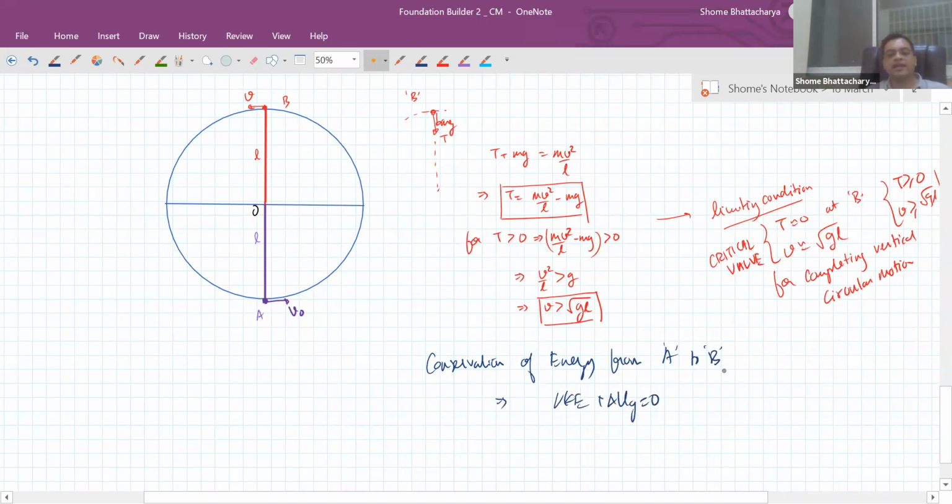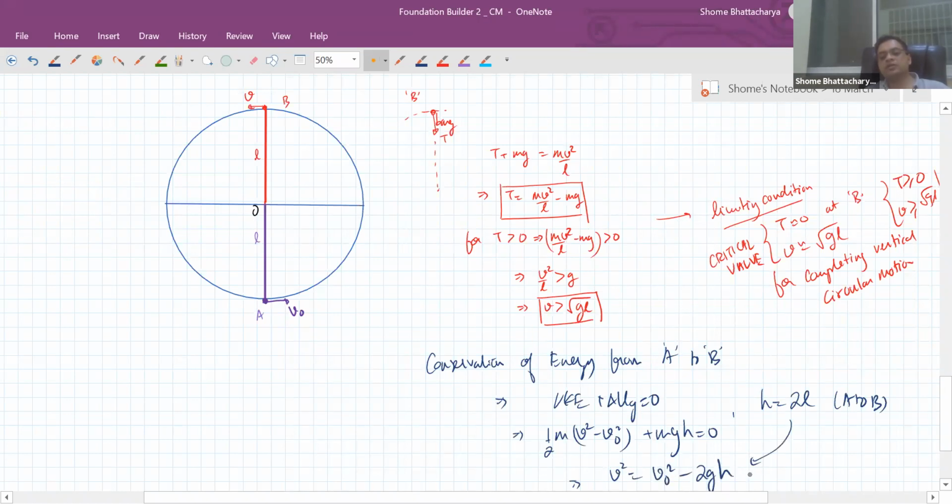Now you can see this total height is 2L from A to B. So half m (v square minus v naught square) plus mgh is equal to 0. So you get v square is equal to v naught square minus 2gh. Put the value of h is this.